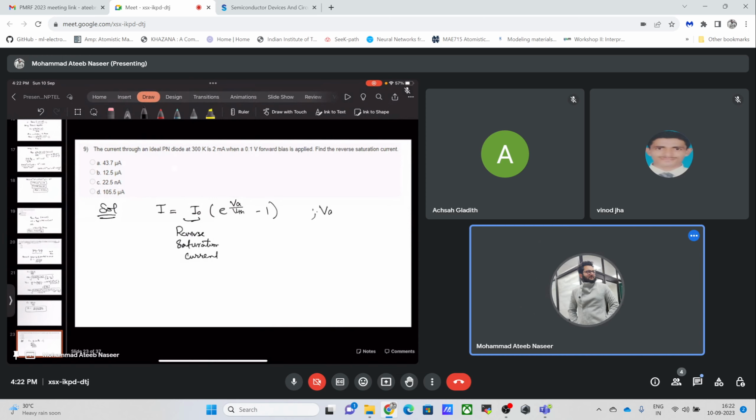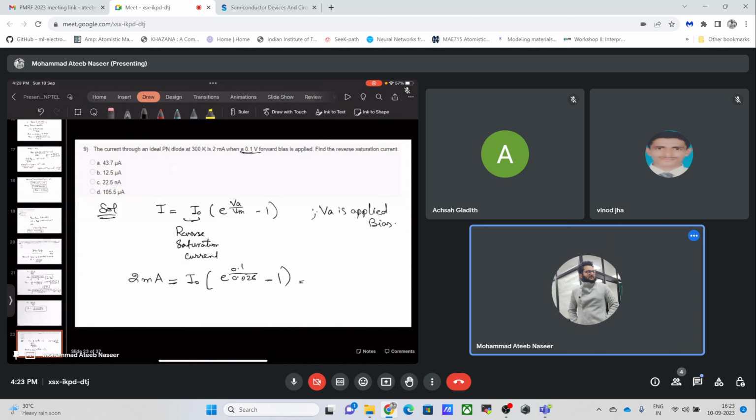VA is the applied bias. So the current is 2 milliamperes, and we need to find I naught, given that VA is equal to 0.1 and VTH is equal to 0.026, minus 1.